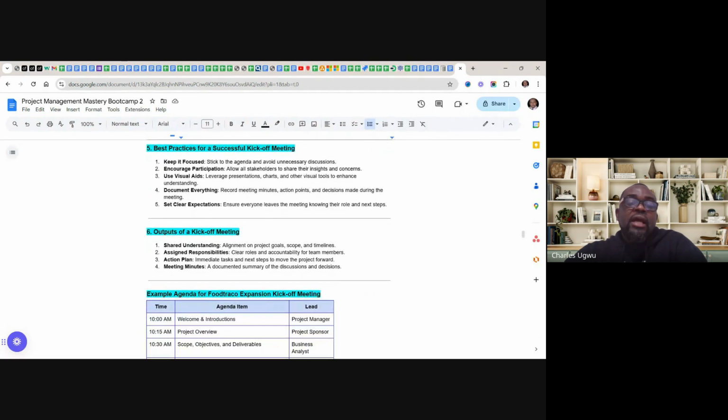Then the output. At the end of the project kickoff meeting, every team member or stakeholder will have a shared understanding. There will be an alignment on the project goal, scope, and timeline.